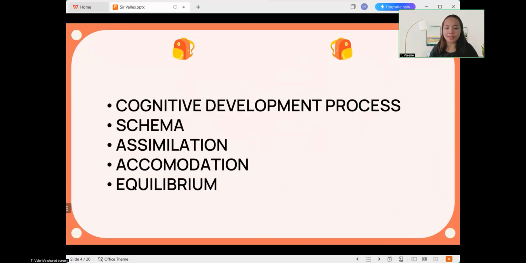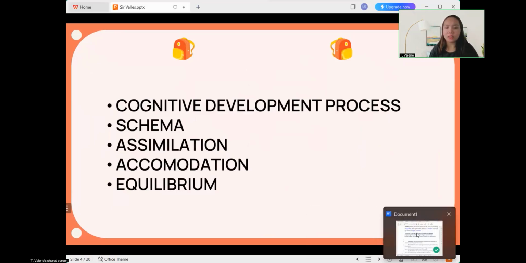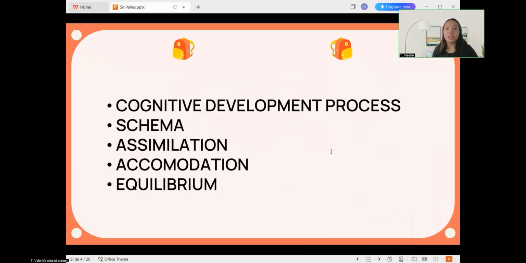And when we say assimilation, it means that we use the existing schemas or existing prior knowledge that we have to understand new information or new knowledge. Let's have the accommodation. When we say accommodation, it's modifying our existing schemas or prior knowledge to create new information.